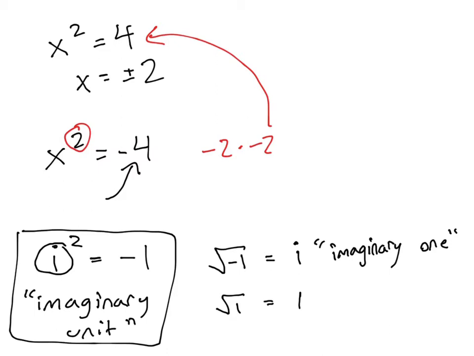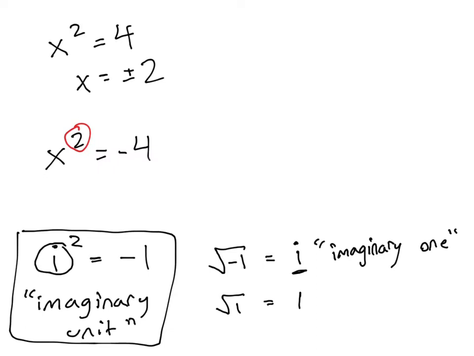So the way that we can use this in solving equations is anytime we need to find the square root of a negative number, we just have to remember to also include the i, meaning that our answer is what we call an imaginary number.